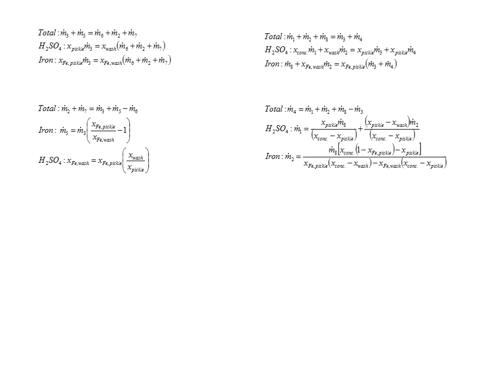And then using that equation, substituting it into the iron mass balance equation, we get a unique equation for the mass flow rate of stream 2 in terms of mass flow rate of stream 8 and the sulfuric acid mass fractions and the iron mass fractions in both the pickle solution, the wash solution, and the concentrated acid solution.